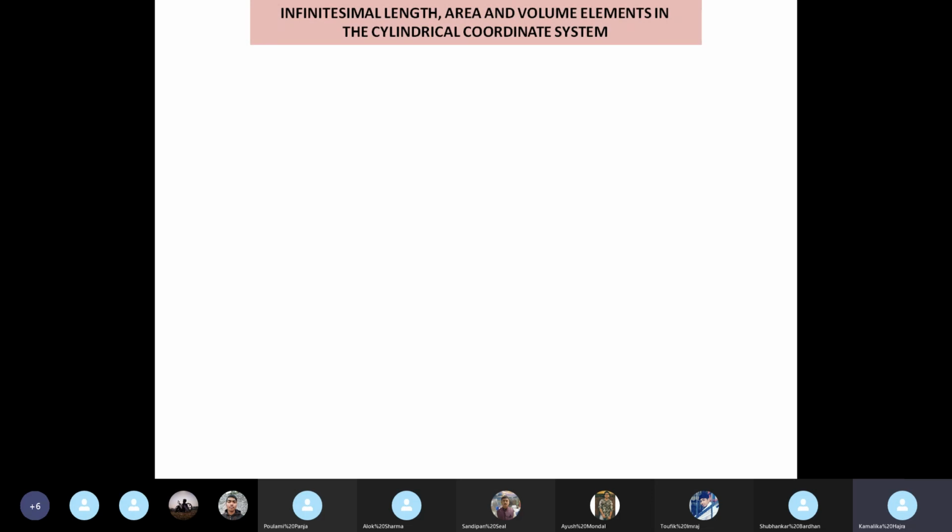In the cylindrical system, or rather in any general curvilinear coordinate system, writing down the line elements, volume element or area element is not that straightforward. So we need to understand how the infinitesimal length, area and volume elements are written in the cylindrical coordinate system, because we need these expressions if we want to do integration, or take gradient, divergence, curl, etc. in the different curvilinear coordinate systems.